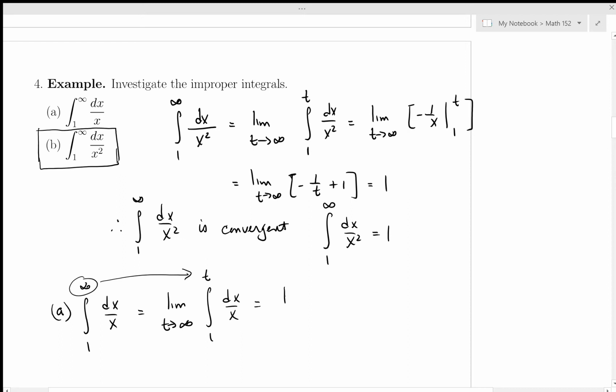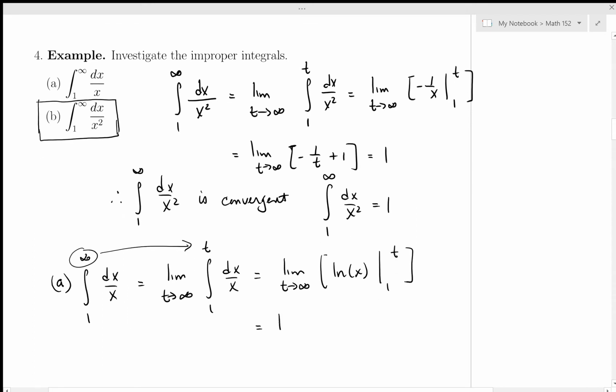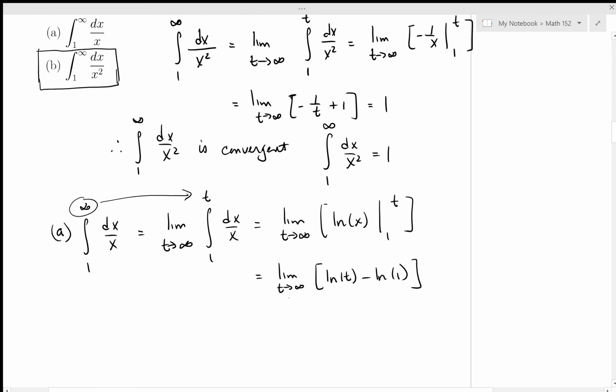And then that's equal to the limit as t goes to infinity of log x evaluated at 1 and t. That's equal to the limit as t goes to infinity of log t minus log of 1. Log of 1 is 0. And then what is the limit as t goes to infinity of log t? That is infinite.